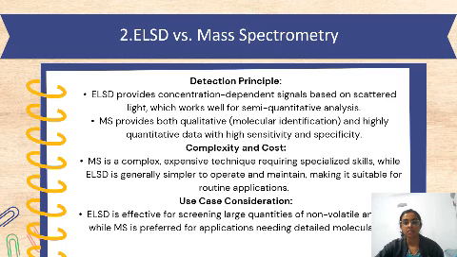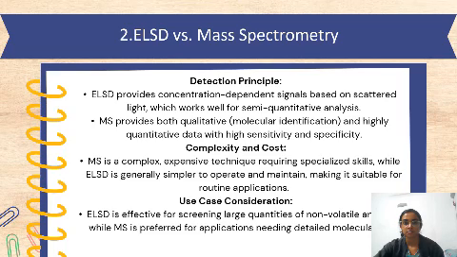In complexity and cost, mass spectrometry is a complex, expensive technique requiring specialized skills, while ELSD is generally simple to operate and maintain, making it suitable for routine application. In use case consideration, ELSD is effective for screening large quantities of non-volatile samples, while mass spectrometry is preferred for applications needing detailed molecular analysis.